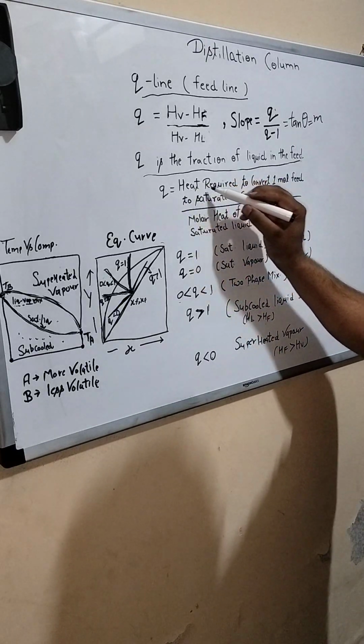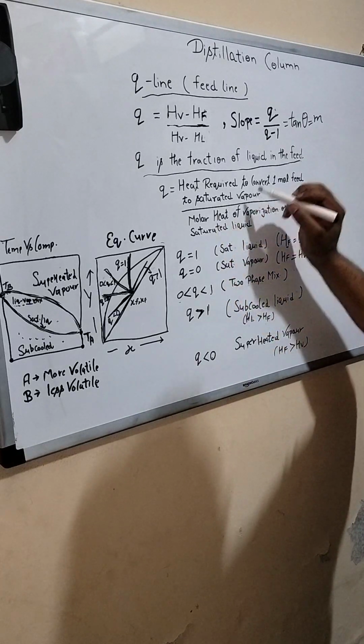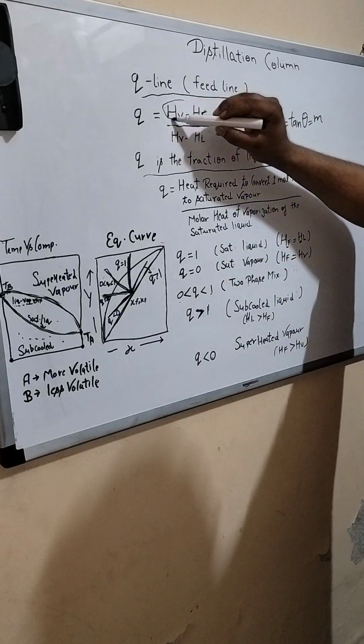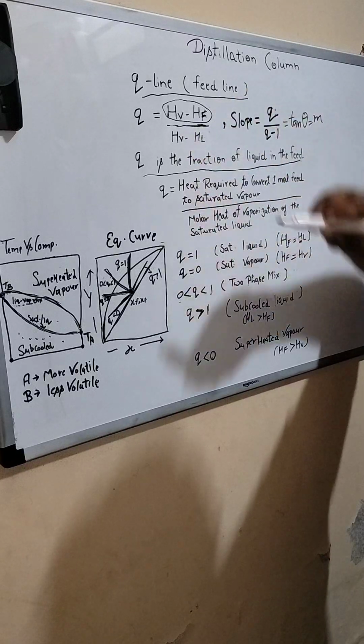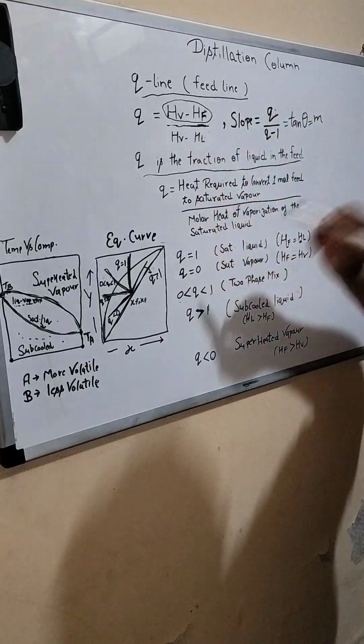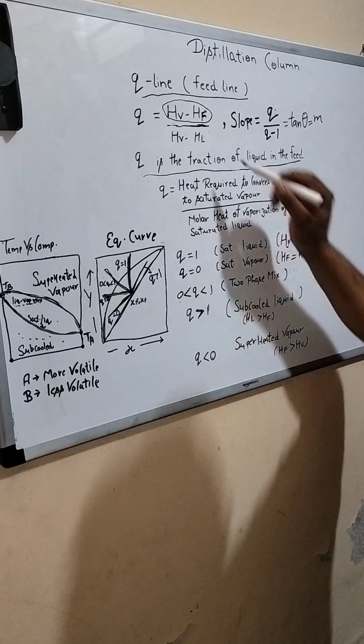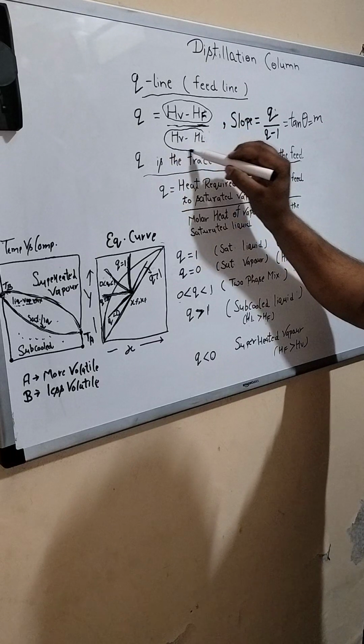The heat required to convert 1 mole of feed to saturated vapor is this part, HV minus HF, and the molar heat of vaporization of the saturated liquid is HV minus HL.